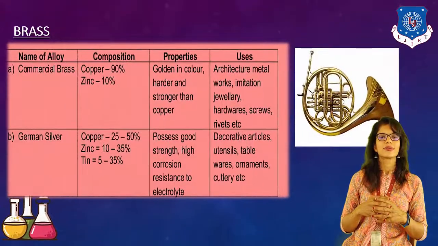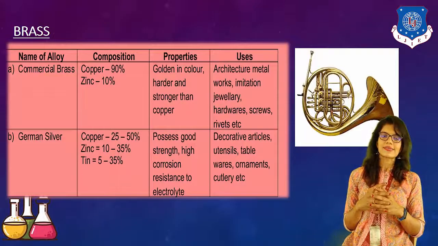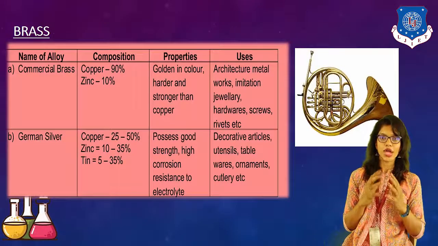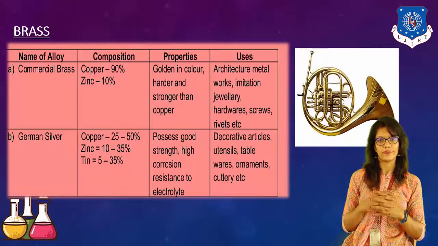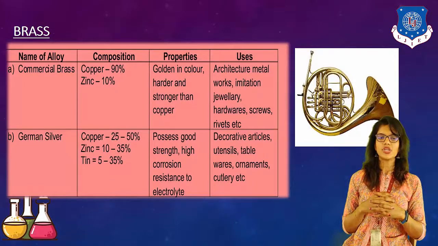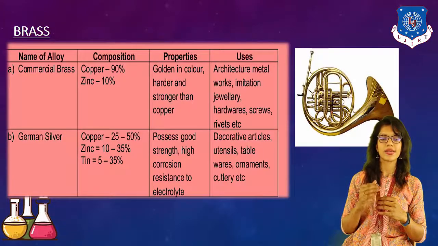Let's take a look at brass. Brass mainly is of two types. Number one, commercial brass, and number two, German silver. Commercial brass contains copper and zinc. Here copper is present at 90% while zinc is present at 10%.